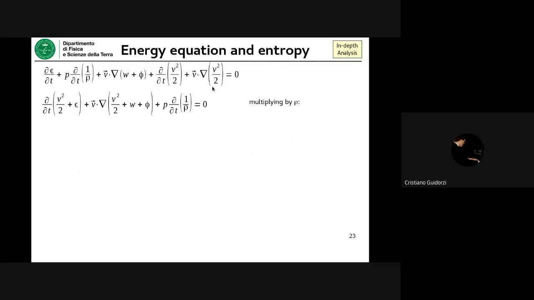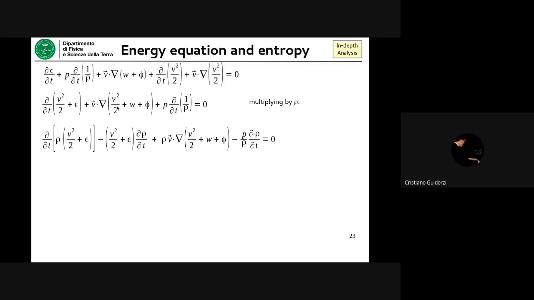Now, let's multiply by rho. But you see, here I multiply by rho and I put it within the time derivative, so I have to remove this guy's time derivative, otherwise I would have an extra term. So the first two terms are just the result of multiplying the first term.